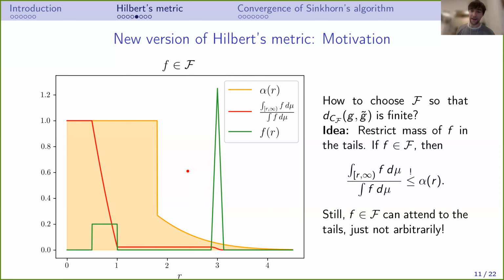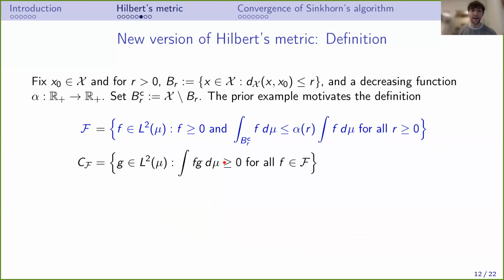Okay, so I hope this was intuitively a little bit clear. This is basically the whole motivation for this set of test functions and the general definition of Hilbert's metric, which we'll use. This now gives us the general definition.